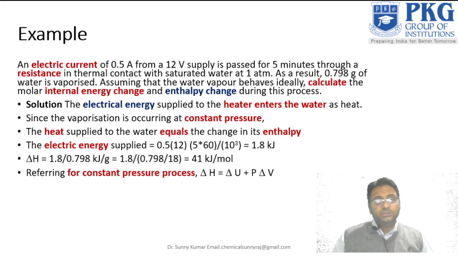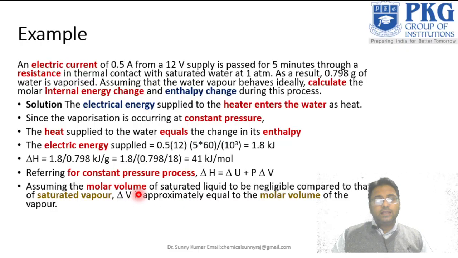So for the constant pressure process, we know the equation delta H equals delta U plus P delta V. Assuming that the molar volume of the saturated liquid is negligible compared to that of the saturated vapor, delta V is approximately equal to the molar volume of the vapor.